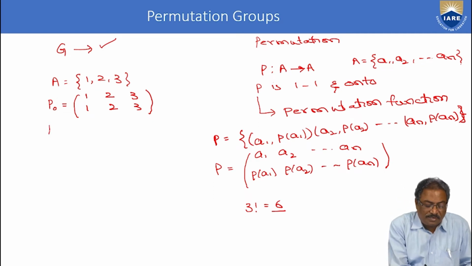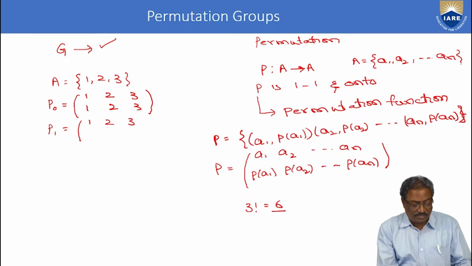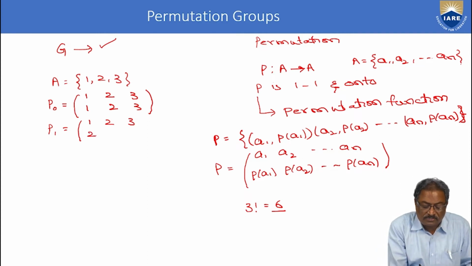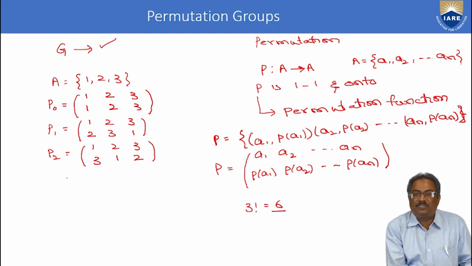Let us consider another one, P1, where the first row is the set of elements and the second row gives the images. Let us say 1 is mapped to 2, 2 is mapped to 3, 3 is mapped to 1. Next P2: 1, 2, 3, where the image of 1 is 3, the image of 2 is 1, and the image of 3 is 2.